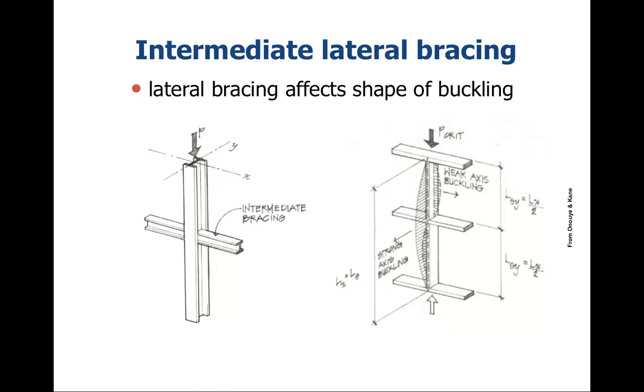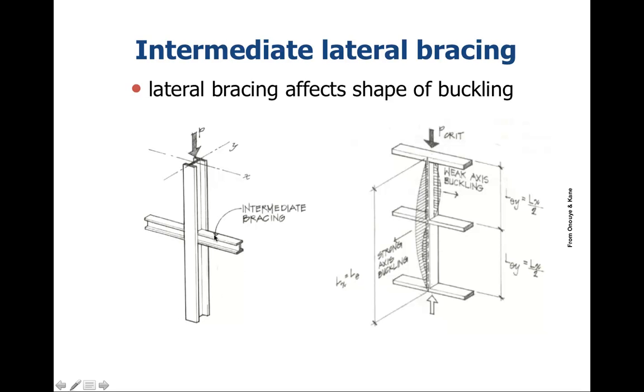Now that we have some idea of how we look at buckling, what can we do about it? Primarily, what can be done is lateral bracing, which limits the effective length. So you have lateral bracing along here. We know that this is liable to buckle out like so.